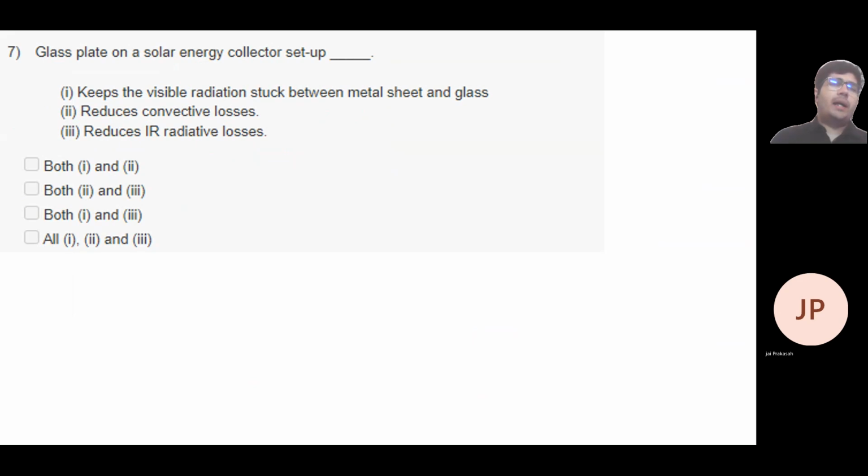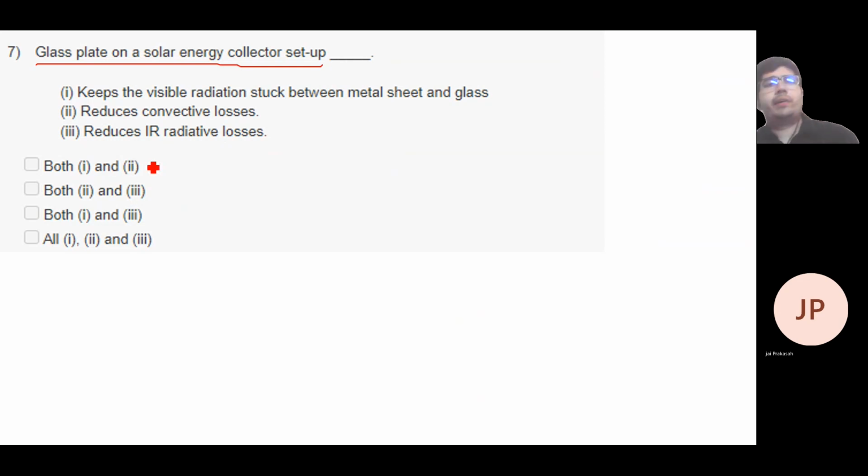The glass plate on a solar energy collector setup keeps the visible radiation stuck between metal sheet and glass, reduces convective losses, reduces infrared radiative losses.